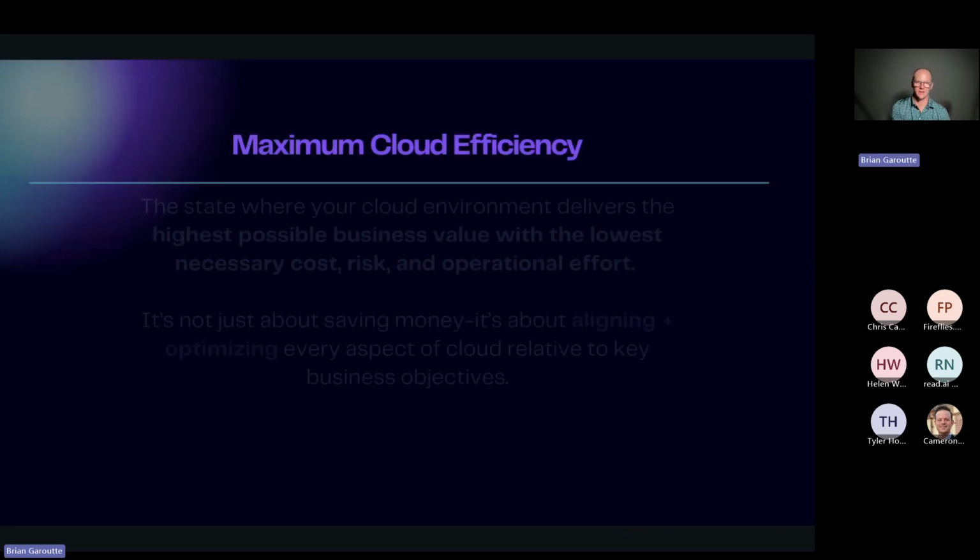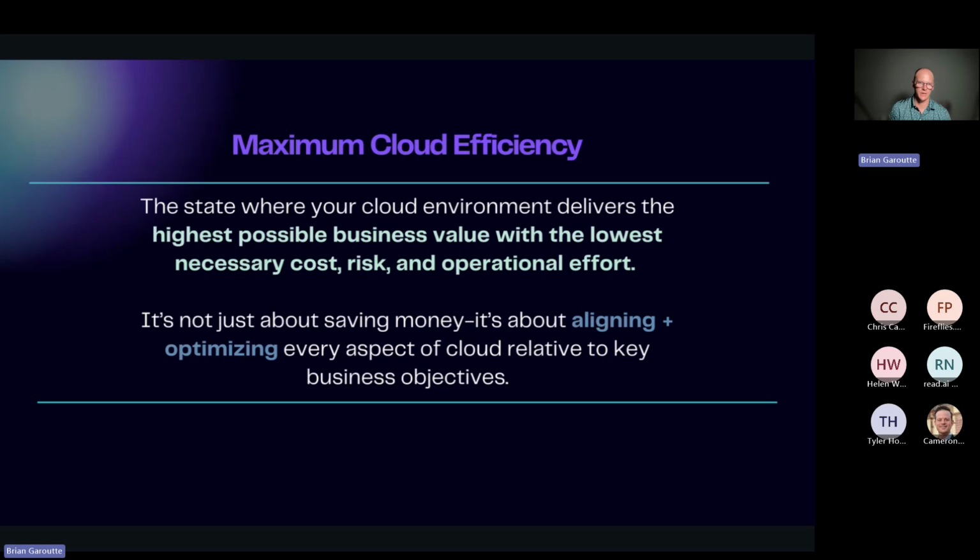So I touched on this last week. I'm not going to rehash, but maximum cloud efficiency to us is the highest possible business value with the lowest necessary cost, risk, and operational effort. It's not purely about saving money. It's about aligning and optimizing every aspect of cloud environments relative to the goals and objectives of the business.